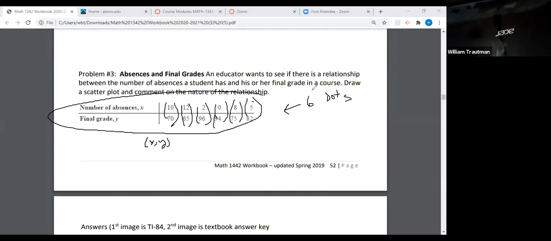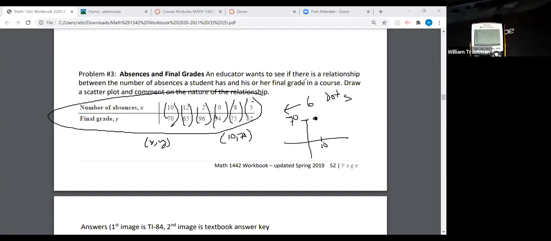Just wanted to make sure everybody understands. Each dot is an X coordinate and a Y coordinate. Do you see this first dot goes to 10 and up to 70? So we have a dot at (10, 70).